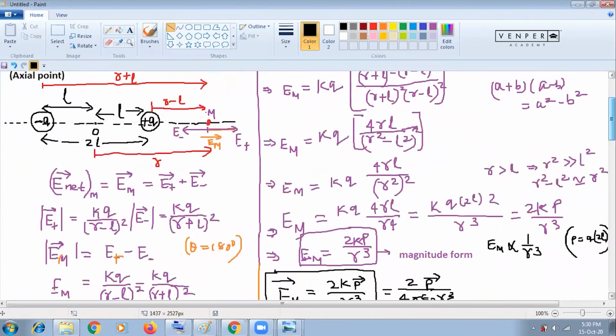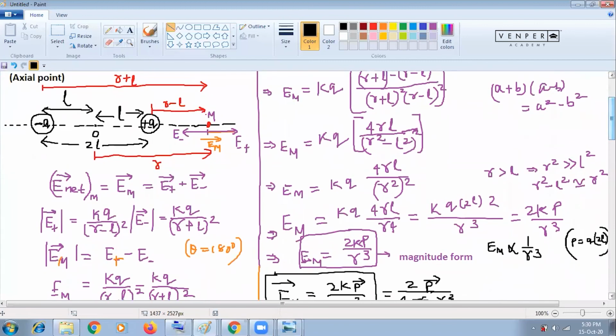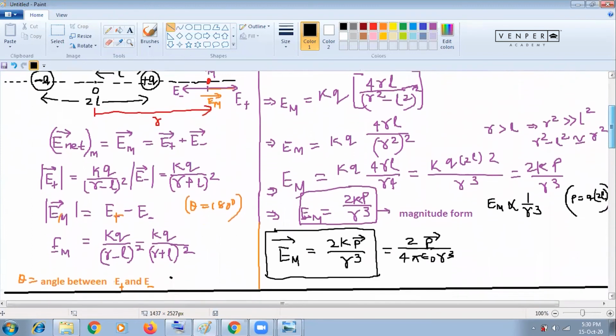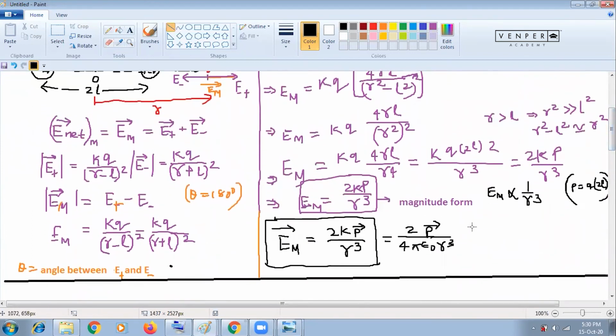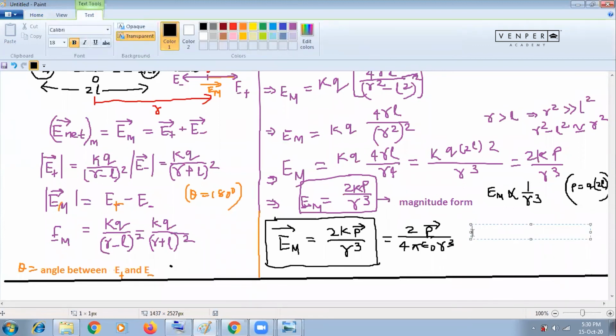Okay, so we go to the calculation of case 2 on the axial point. And you can see here one thing. Everyone see this one thing: you can write that the electric field and dipole moment both are in the same direction.